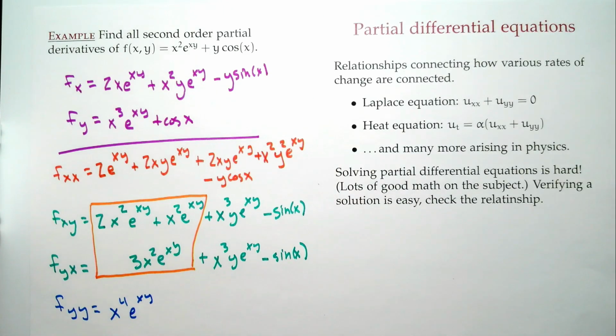Now, last thing to talk about for today, this notion of partial differential equations. So we talked about differential equations in Calc 1 for just a day or two. We said, well, what's a differential equation? The idea is I have some relationship between my function and its derivative. All right. Well, what's a partial differential equation? Well, it's a relationship between my function and partial derivatives.